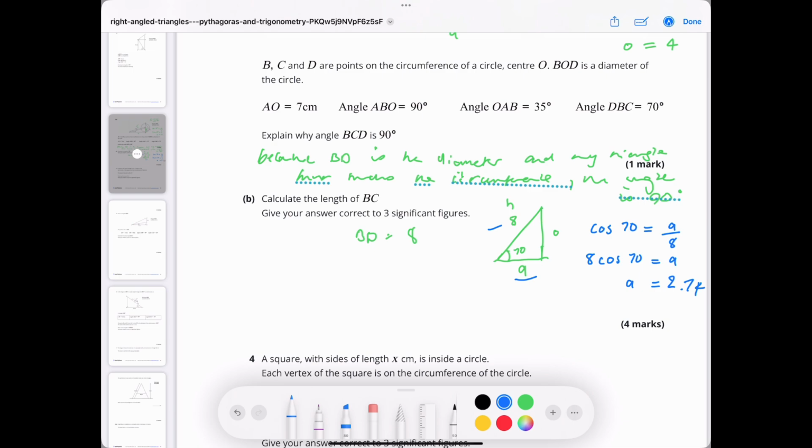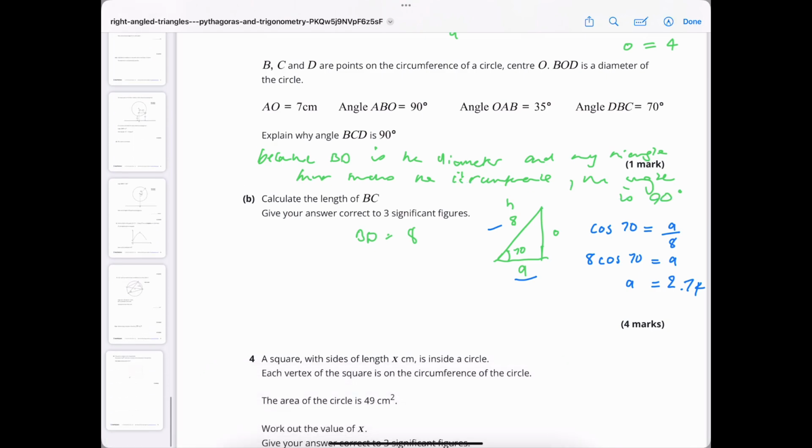I should have been more accurate with my first one if I was really caring about the answer.